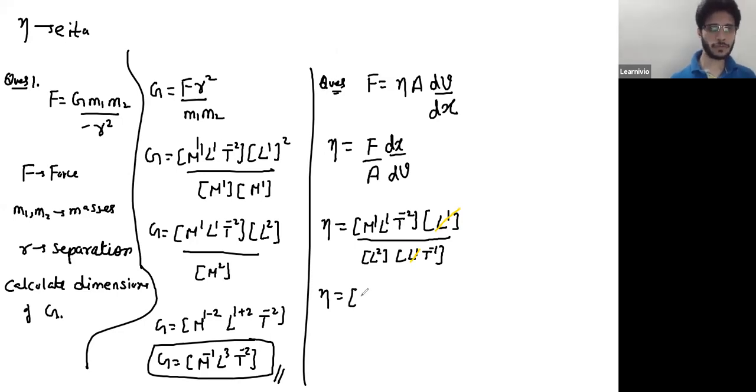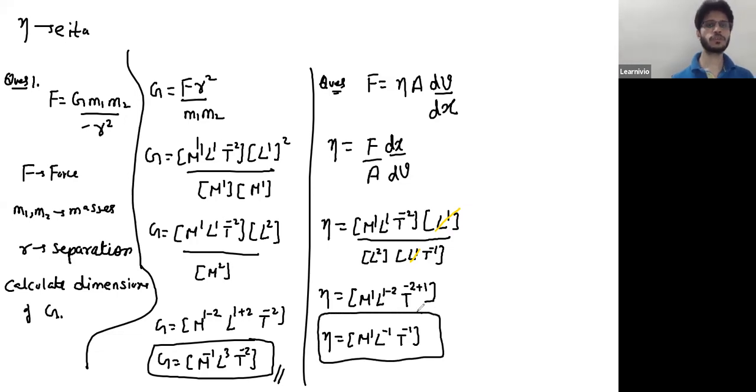And we are left with M1, L to the power 1 by L square, so that's L to the power 1 minus 2, and T to the power minus 2 plus 1. So the coefficient of viscosity is M1 L minus 1 T minus 1.